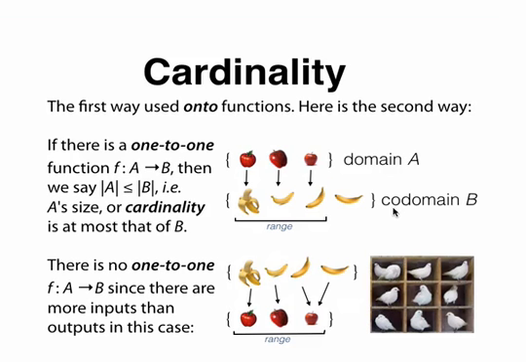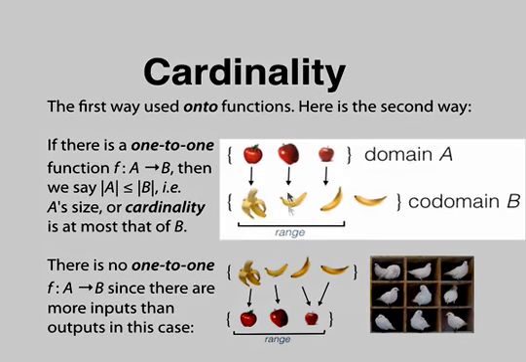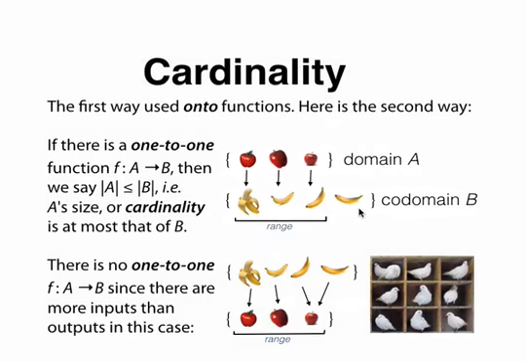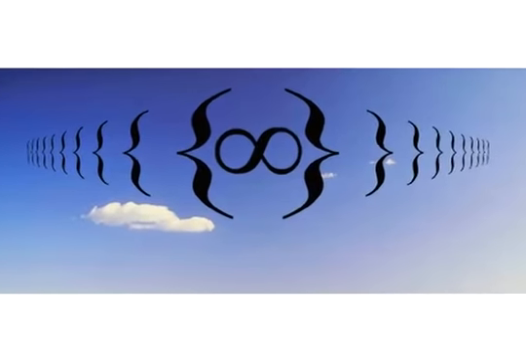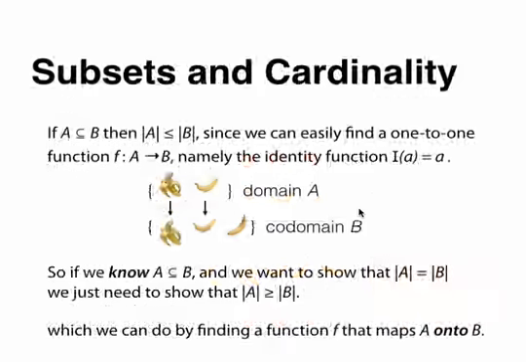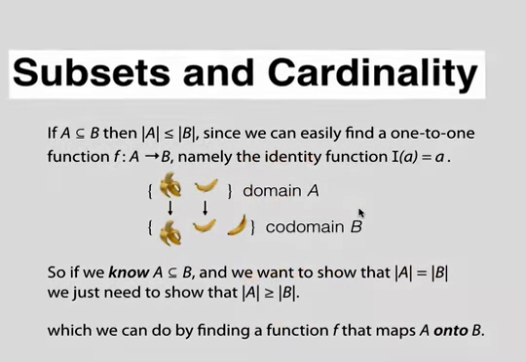So if it's at least as big and at most as big, then it would be just as big. It would have the same number of elements, kind of the same size. And that, my friends, is how we're going to talk about infinite sets and sizes of infinite sets. Before we do that, I just want to give you one shortcut.